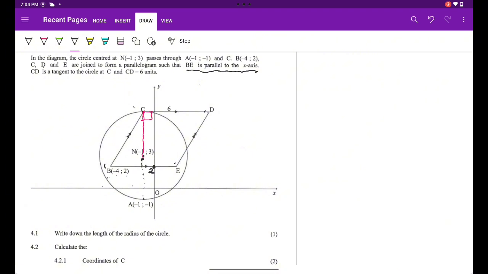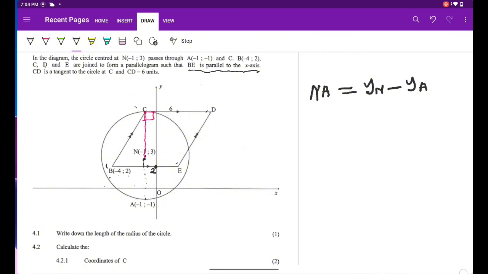In other words, the length of NA, which is our radius, equals the y value at N minus the y value at A. So the top y value subtract the bottom y value. NA is what we want, our radius.